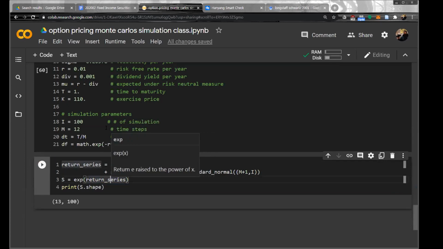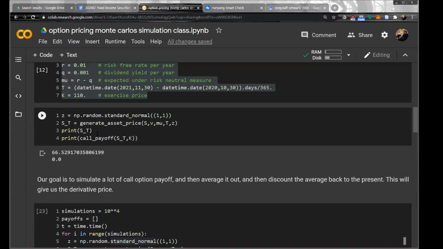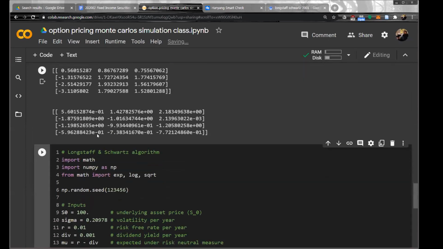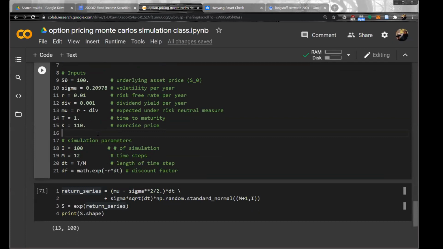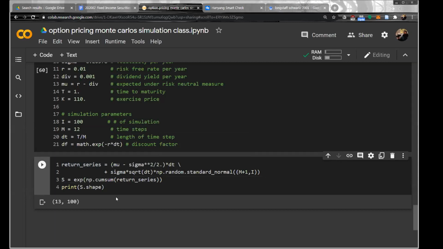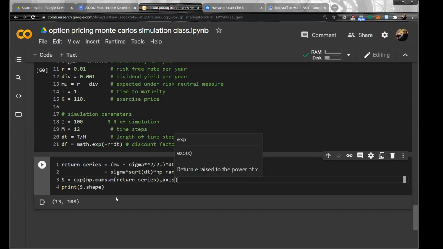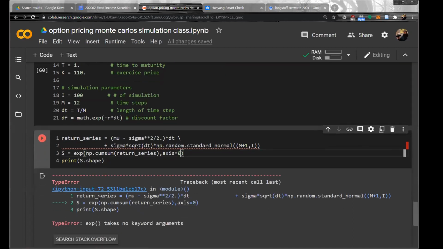But I have to do a cumulative sum because in the previous loop I have to keep adding. Basically, in the exponential term, multiplication becomes a sum, so np.cumsum of this one, with axis 0.